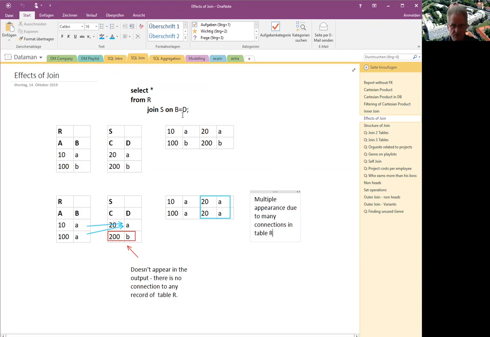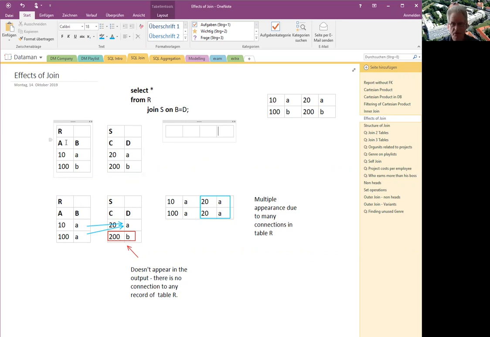So let's first of all calculate the join by carrying out the Cartesian product and then the filtering.